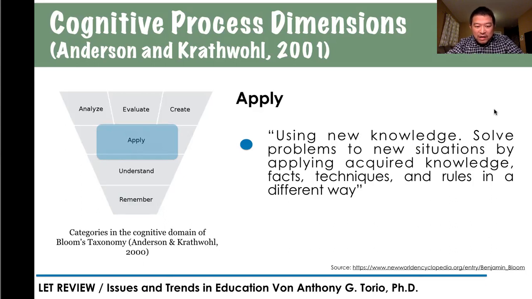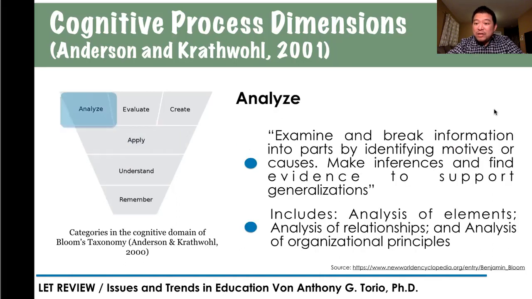But in this illustration by Anderson and Krathwohl, analyze, evaluate, and create are actually of the same level. So analyze, as described by the same reference, the New World Encyclopedia, is to examine and break information into parts by identifying motives or causes. And it includes analysis of elements, analysis of relationships, and analysis of organizational principles.